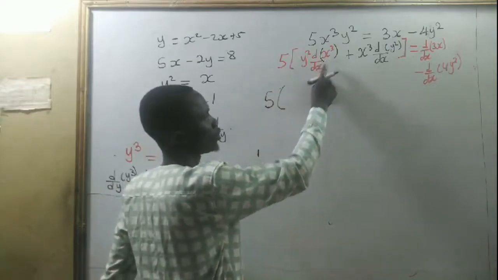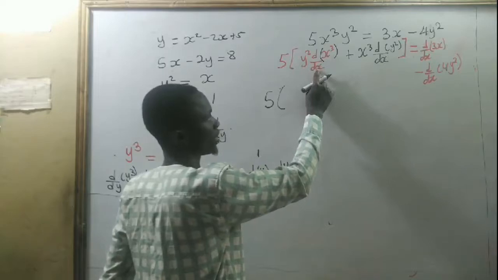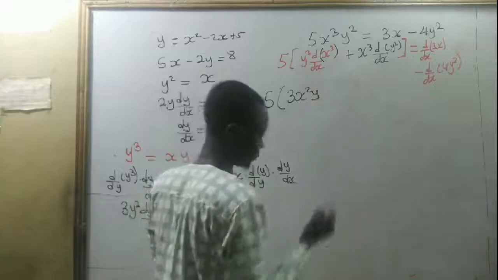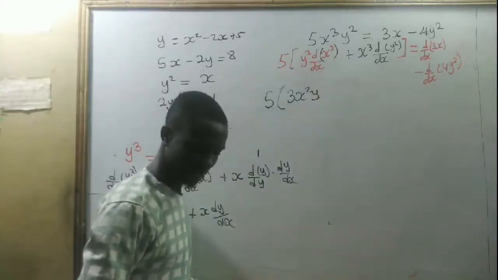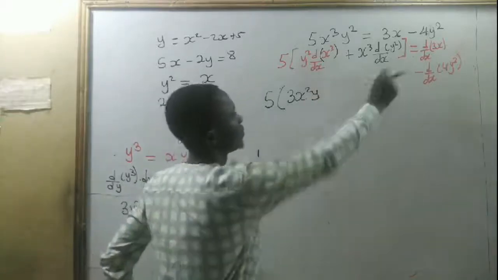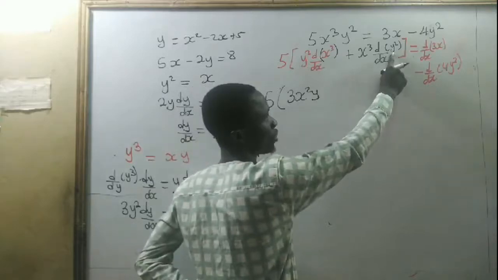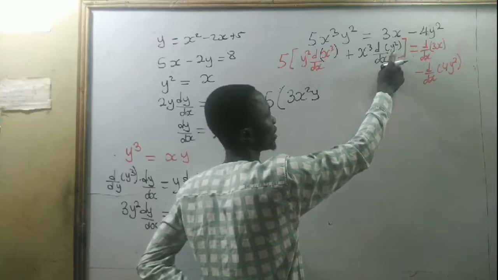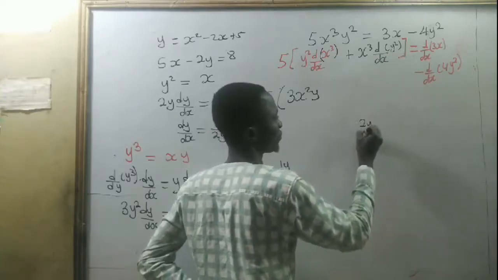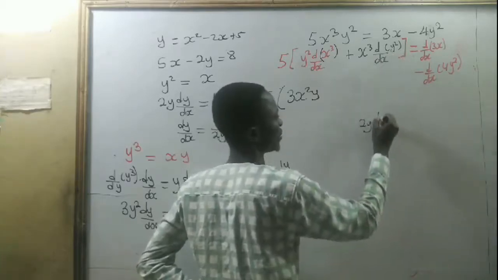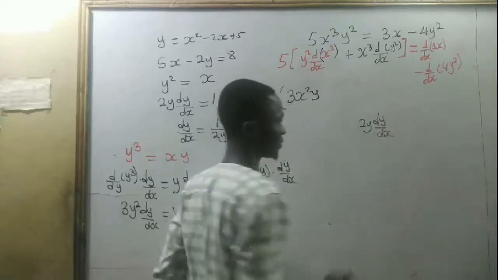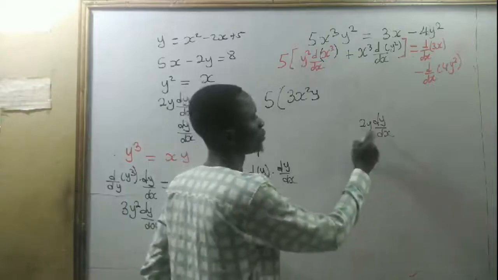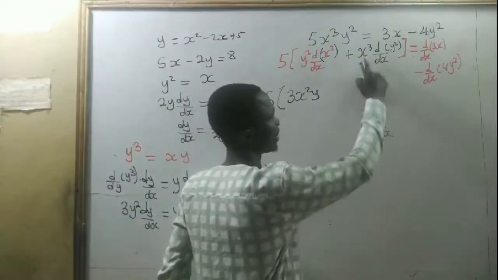The derivative of x cubed with respect to x is 3x squared, times y, this will give us 3x squared y. And then we are differentiating y squared. So what do we do? We differentiate y squared with respect to y. It will give us 2y. And then we have to multiply it by dy/dx. So here we are going to get 2y dy/dx times x cubed.